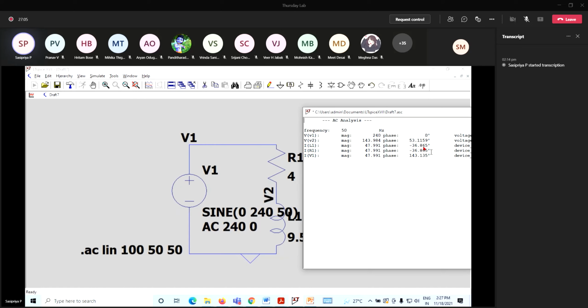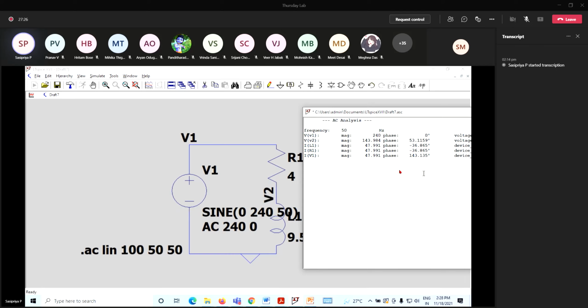That is, the direction assumed by SPICE is opposite to that of the original current direction. Okay. So now how do I justify that? Opposite means your phase angle will be minus 180 degree, right?